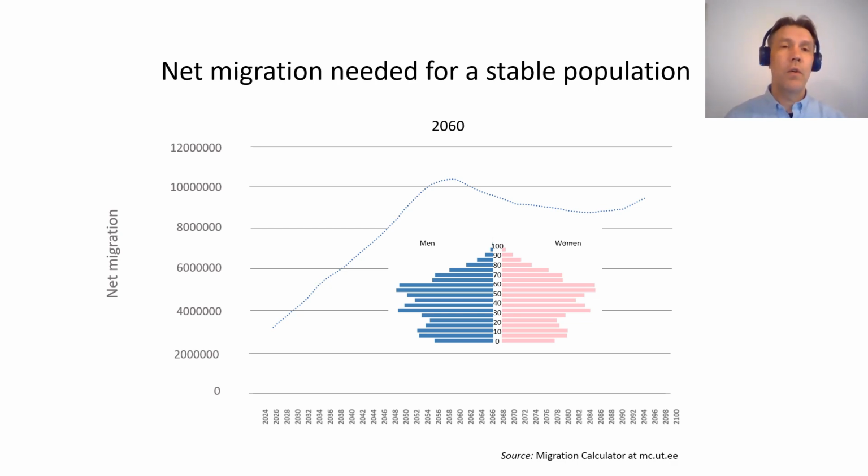So overall, the measures that would help to keep the population stable in China would relate to fertility and migration, but still it's not very likely that the current population size in China could be maintained in the future.